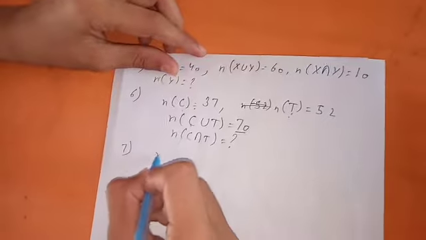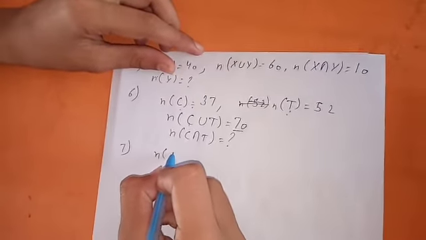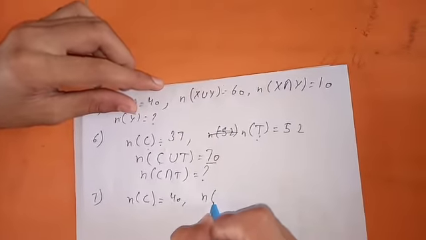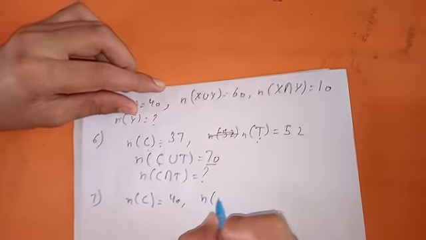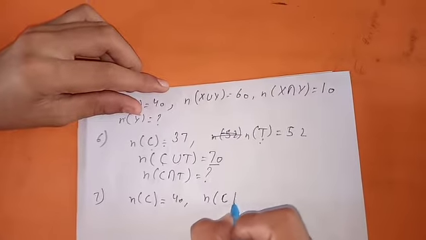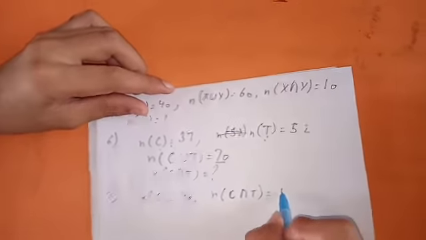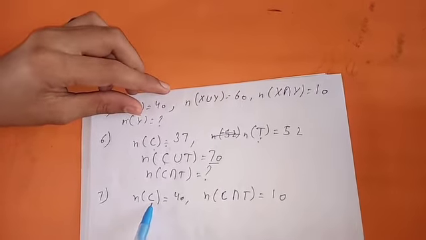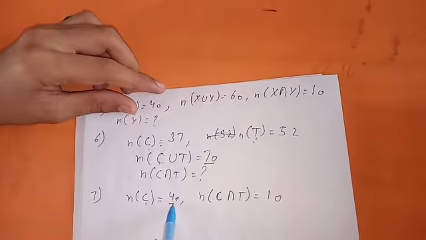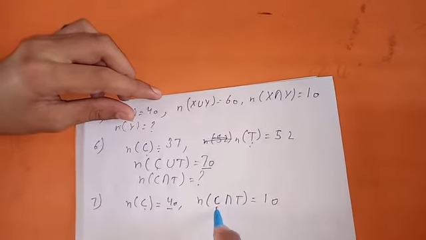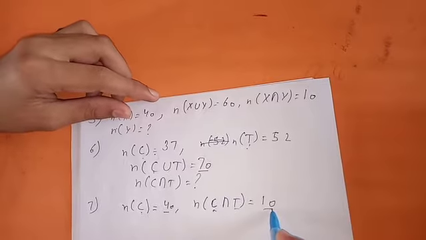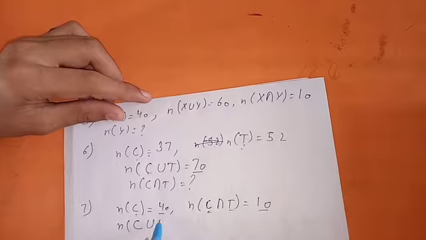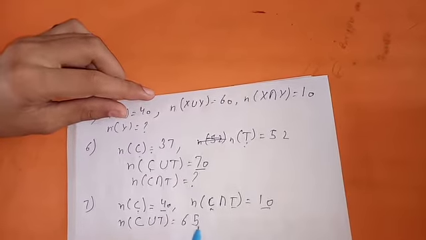So n of C they have given us is 40, and n of C intersection T is given to us as 10. The number of people who like cricket is 40, the number of people who like both cricket and tennis is 10, and the total number of people, meaning n of C union T, is equal to 65.